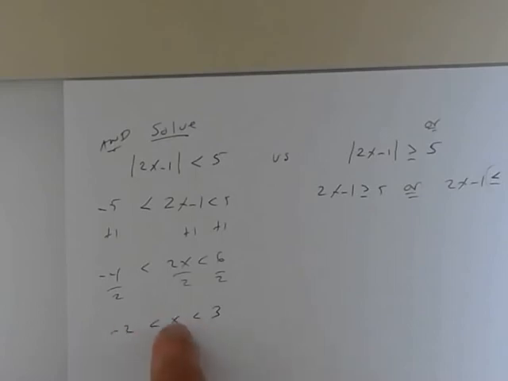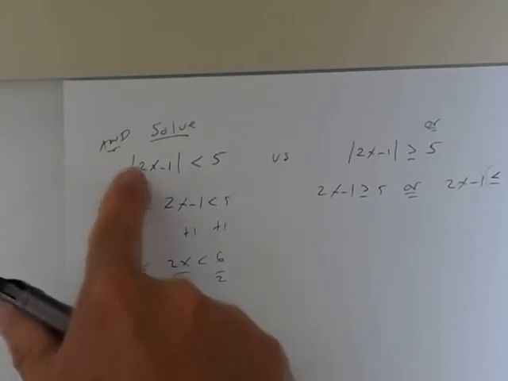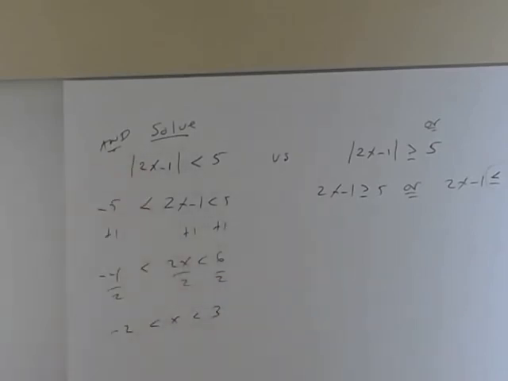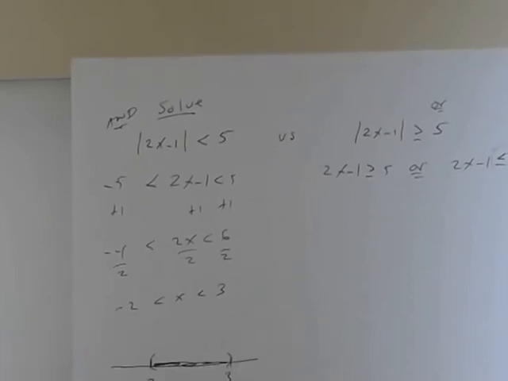What that means is that x has to be less than 3, and at the same time, it has to be bigger than what? Negative 2. That's what an AND statement is. So when you graph it, here's negative 2, here's 3, you put parentheses, and you shade in everything between them. As an interval, you're going to say negative 2 comma 3 in parentheses, right?